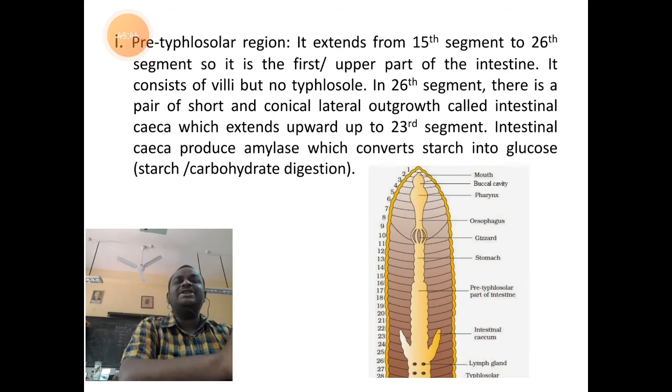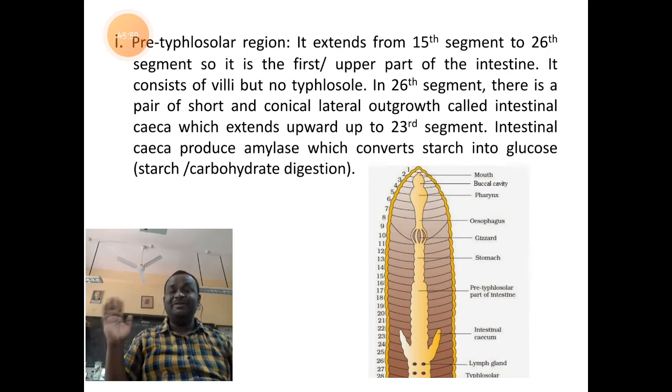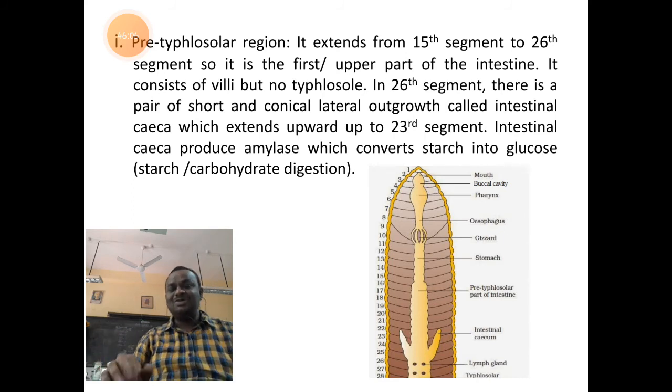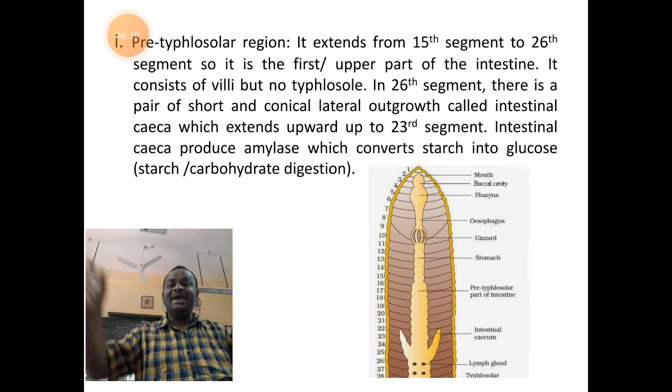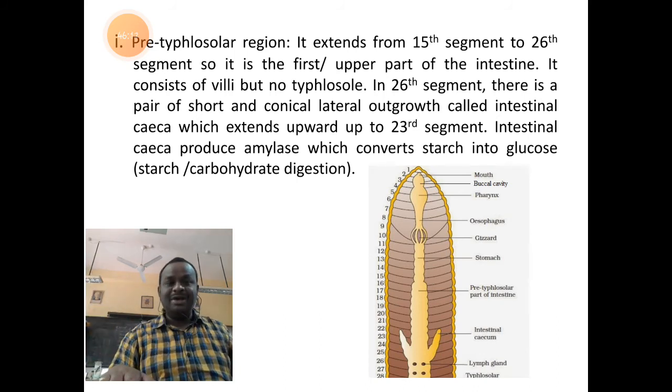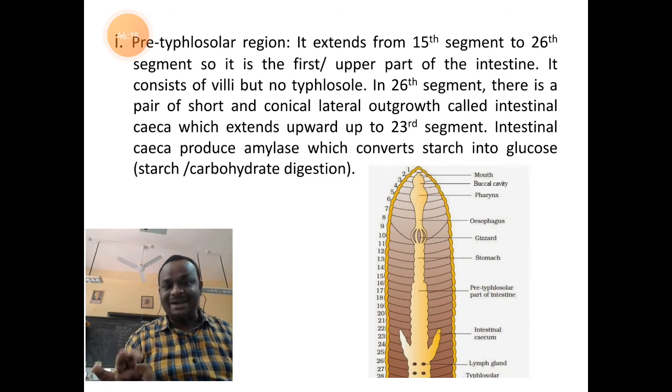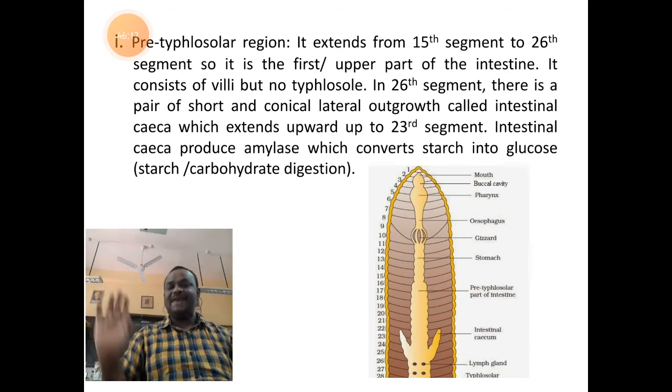The importance of the intestinal caeca is that they perform a secretory or glandular function. They synthesize amylases, which bring about carbohydrate digestion, the breaking down of starch into glucose. So, carbohydrates are digested with the help of enzymes secreted by the intestinal caeca. Students, remember, the intestinal caeca start at which segment? The 26th segment.